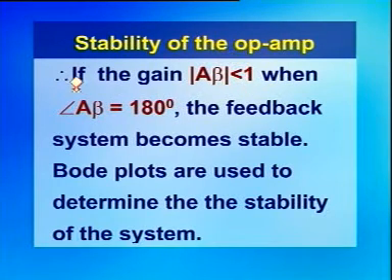If the gain mod A beta is less than 1 when angle A beta equal to 180 degrees, then the system becomes stable. Bode plots are used to determine the stability of the system.